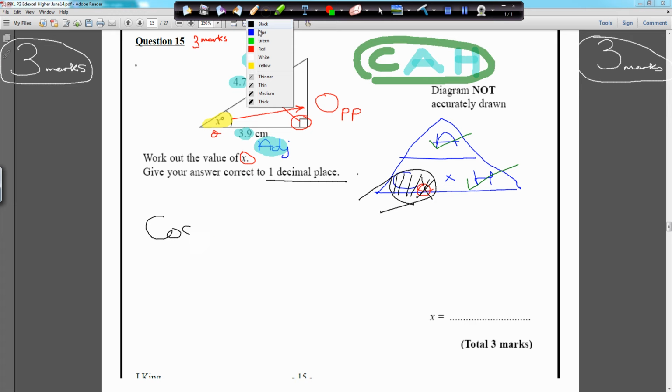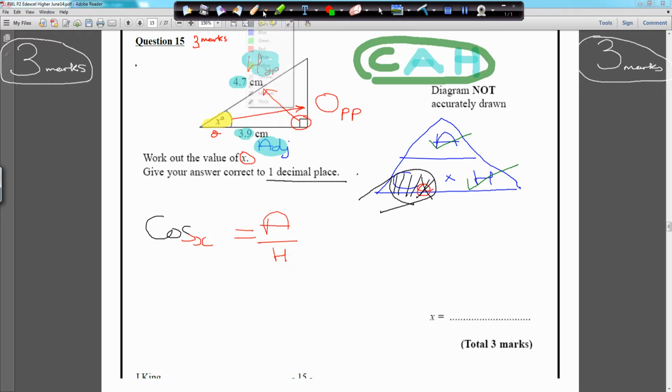Let's just use the x now. So cos of x, which I've covered up with my finger there, is equal to the A divided by the H.